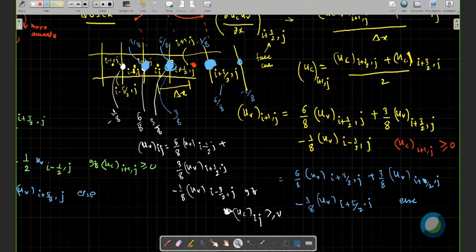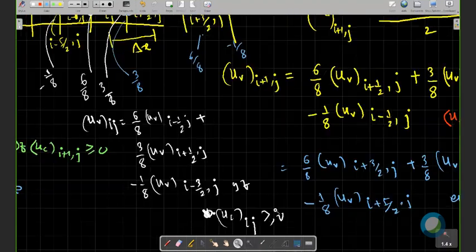If UC ij is less than 0, this is what you take; the greater than 0 case you have already taken.